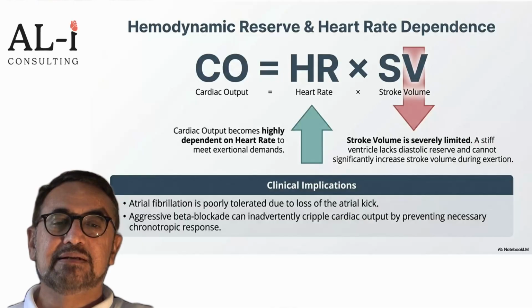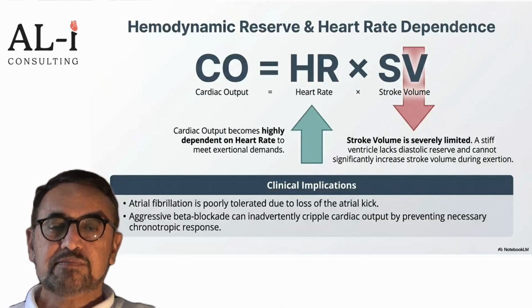This has immediate clinical implications. First, atrial fibrillation is often poorly tolerated because the patient loses atrial contribution to filling. Second, aggressive beta blockade can sometimes worsen exercise intolerance by preventing the chronotropic response they actually need.